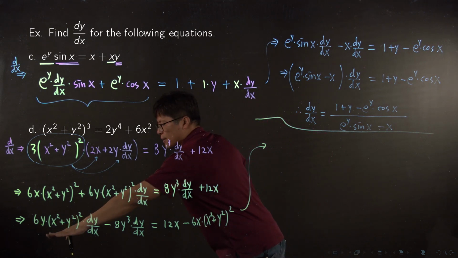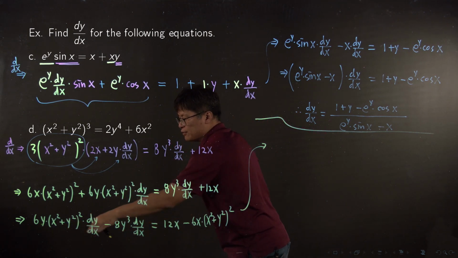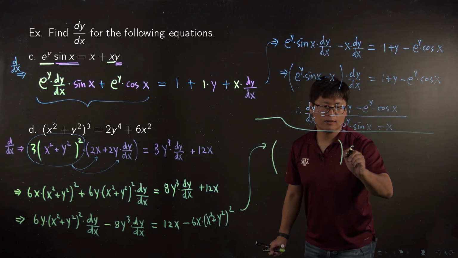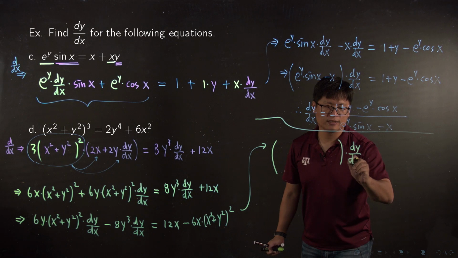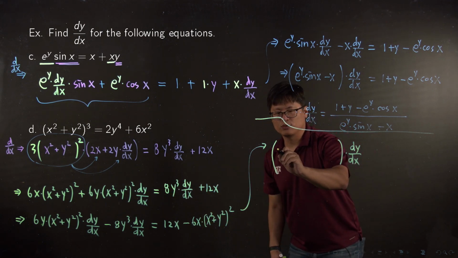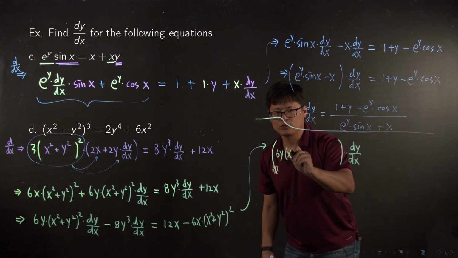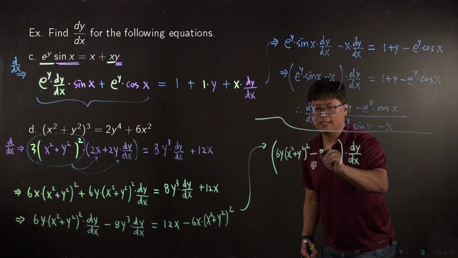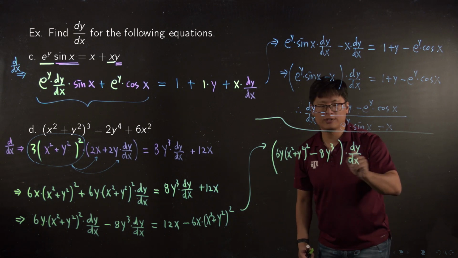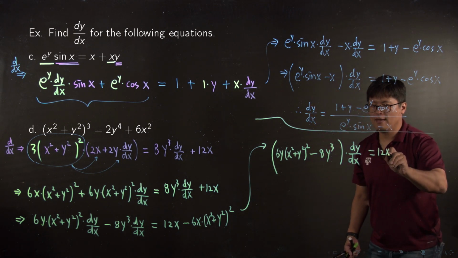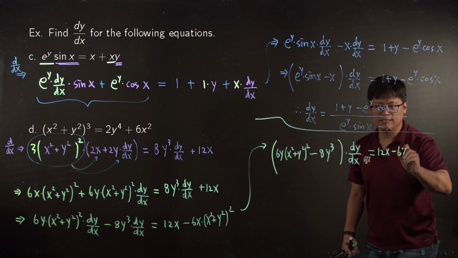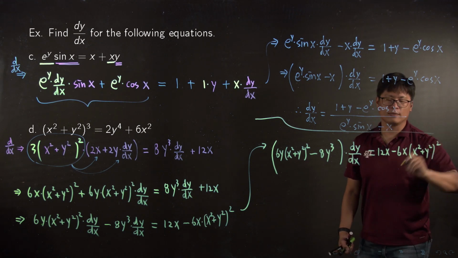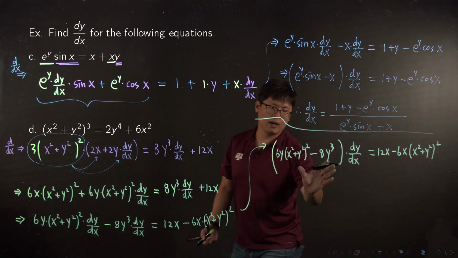And on your left-hand side, let me pull out dy/dx from these two terms, with the big parentheses, dy over dx. Then the first one, 6y (x squared plus y squared) squared minus 8y cubed, is equal to 12x minus 6x times (x squared plus y squared) squared. Then definitely, we're going to divide by this whole thing on both sides.